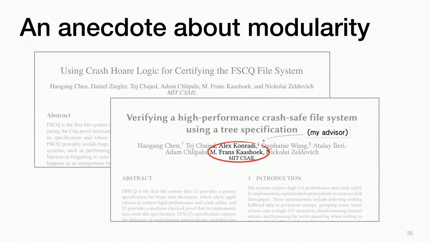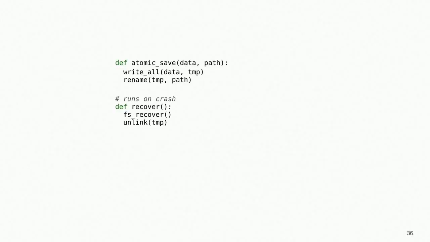Franz wanted to prove this little snippet of code correct. It's not super important what it does. All it's trying to do is atomically save a file by first going through a temp file. He wanted to prove that this is atomic. To make it atomic, we need to run this application-specific recovery procedure that cleans up the temp file on crash.